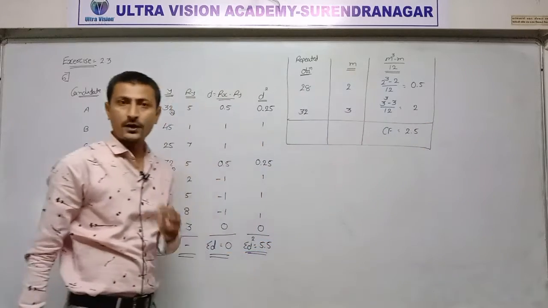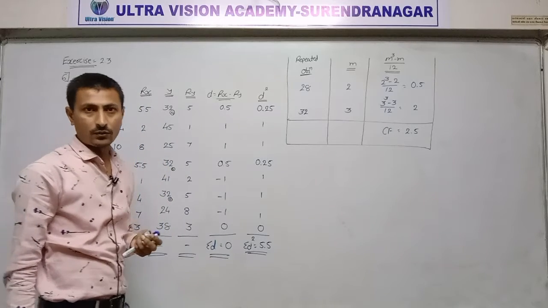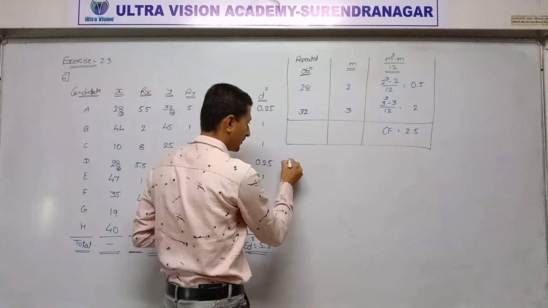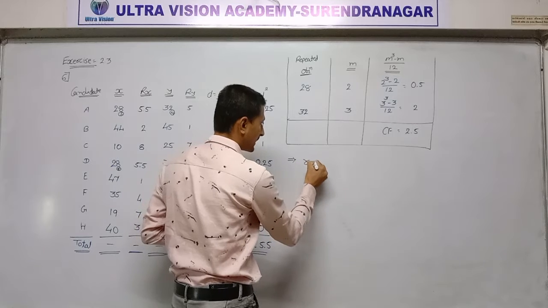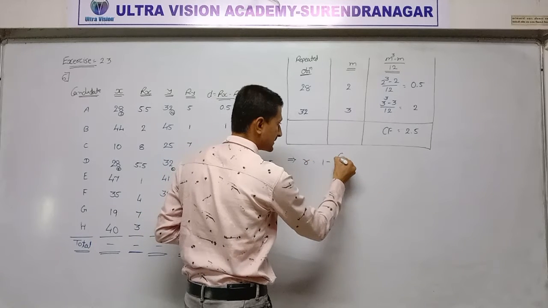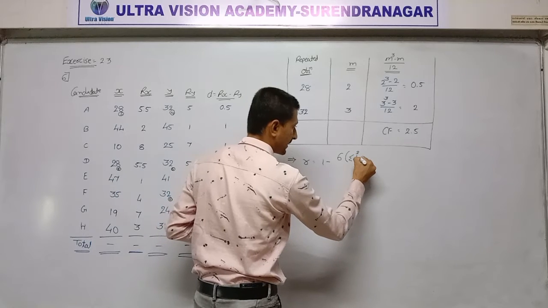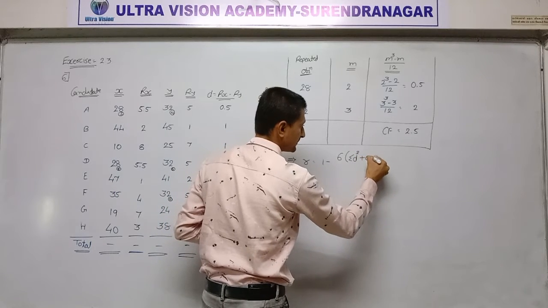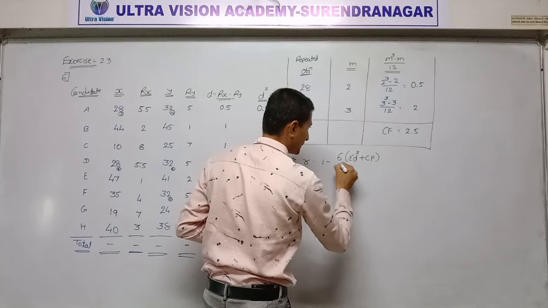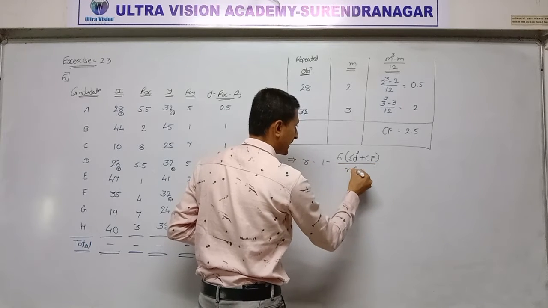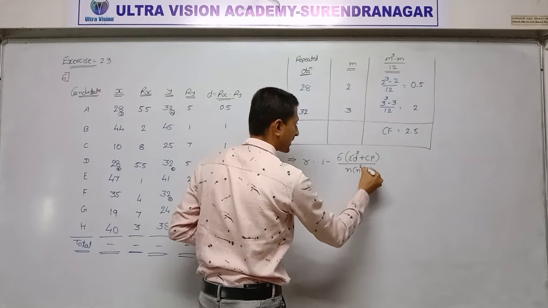Now next, write the formula for the rank correlation coefficient. R is equal to 1 minus 6 in bracket sigma d square plus CF, divided by n in bracket n square minus 1.